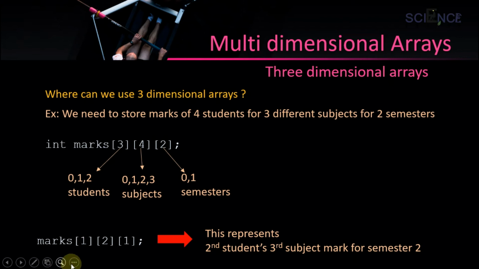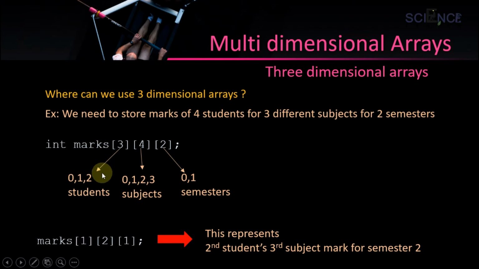So if we take an example like this, here I have mentioned marks 1 to 1. What is this? What is the element that this variable name is representing? In the first one it is student, right? So 1 means we need to add 1, right?